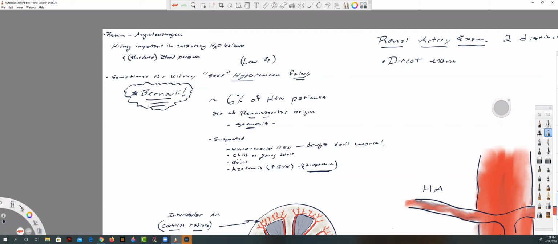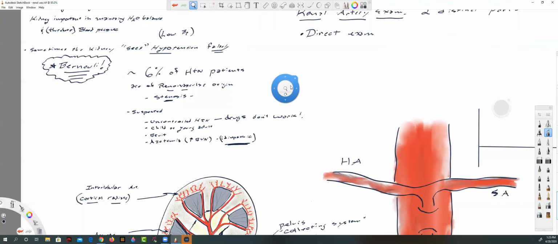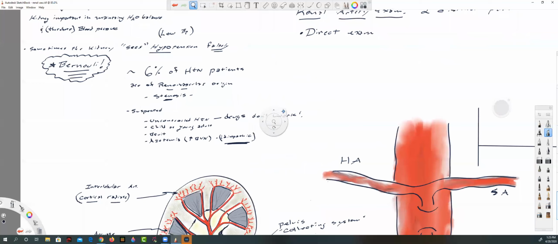Uncontrolled, children, bruit, and something has to do with stenosis and Bernoulli's law. And I've already mentioned that you could have plenty of blood flow in a kidney and still have a renal vascular origin for hypertension.